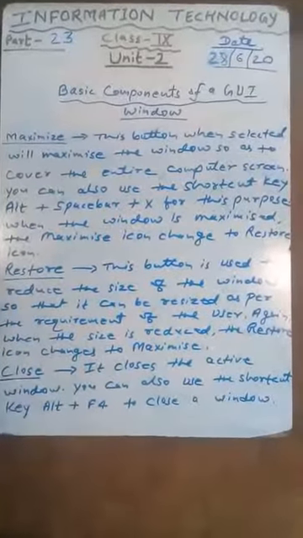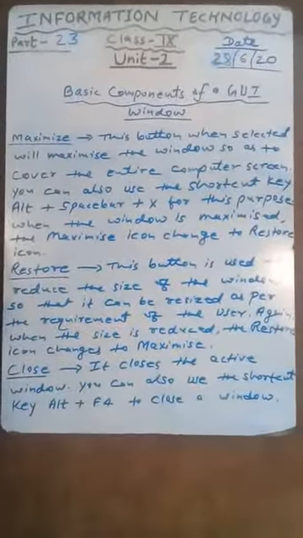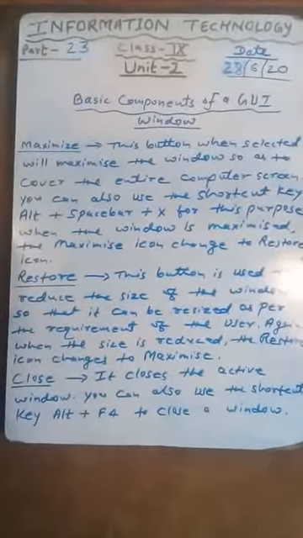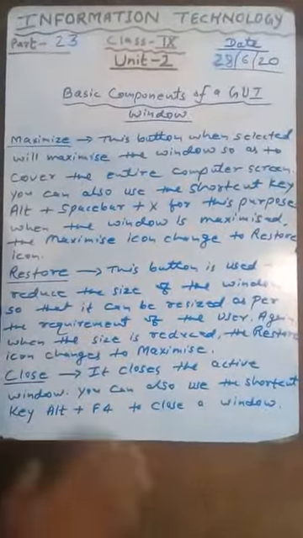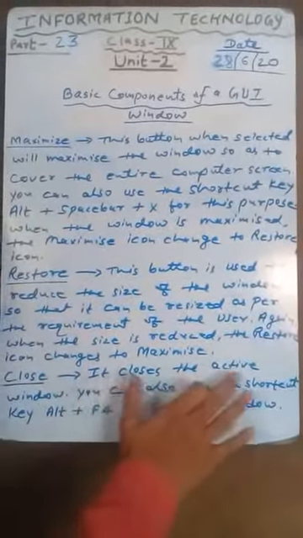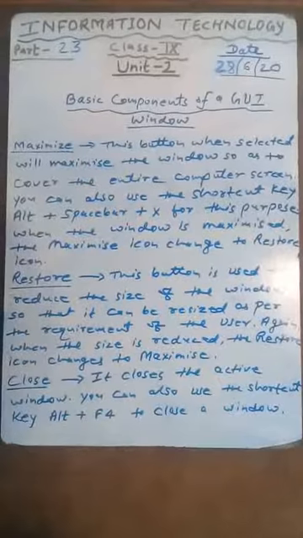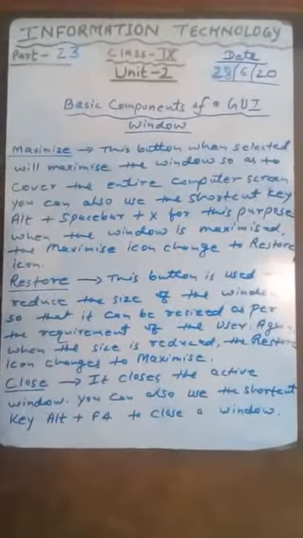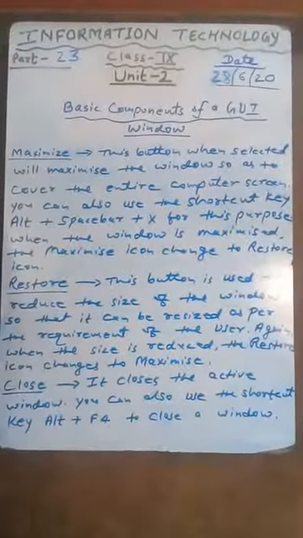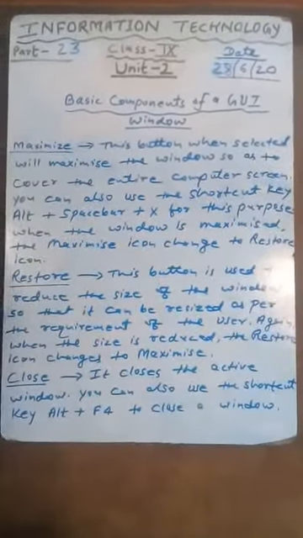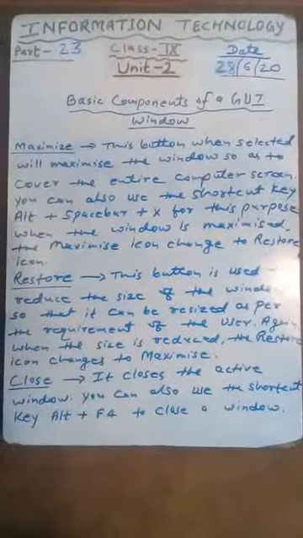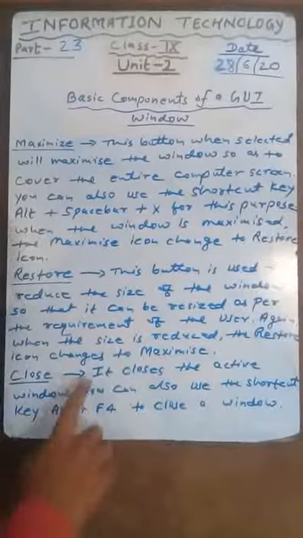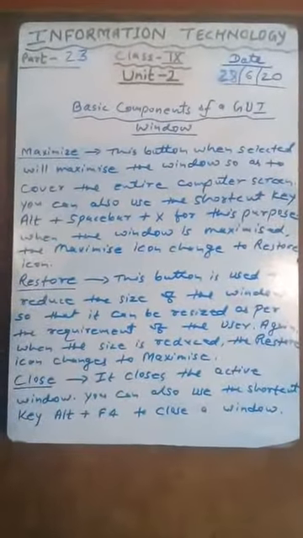Now the next button is the close button. What is the function of the close button? It closes the active window. That means when we work in any type of program and want to close it, we can click on the close button.